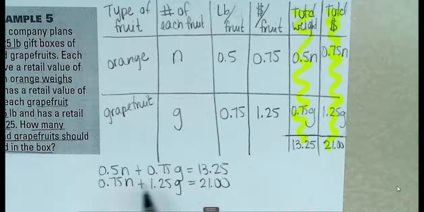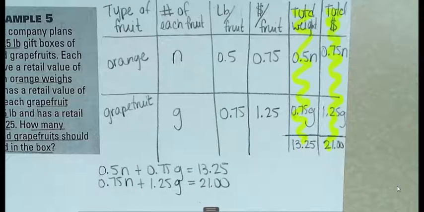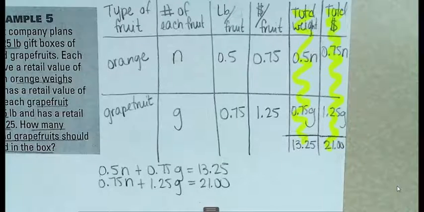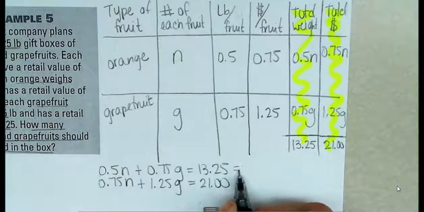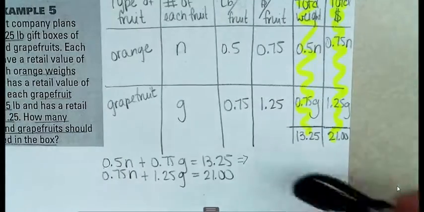The first thing I want to do to make this a little bit easier for my eyeballs is change it so that I don't have any decimals. I'm going to clear my decimals. The way that I clear decimals is I look for my most decimals, I have 2 here, and I multiply by something with that many zeros. So I need to multiply both sides by 100.